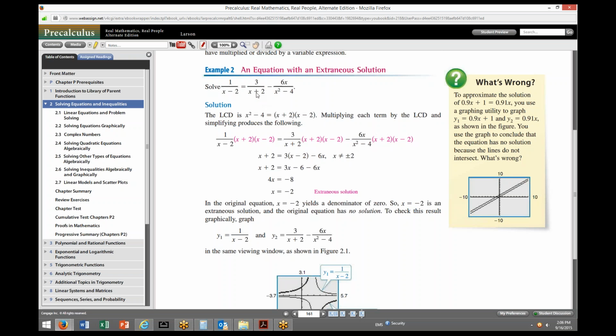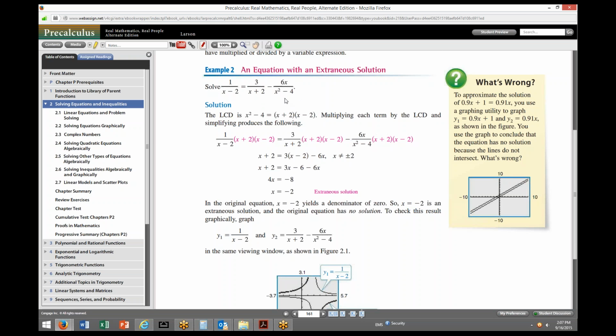For instance, both fractions on the right side of the equation, if x were to equal -2, both the denominators would be 0. The 3 over x plus 2, plugging in -2 for x, makes -2 plus 2. The denominator is 0. And on the right one here, -2 in for x and squaring it, so -2 times -2 is +4, and 4 minus 4, of course, is 0.